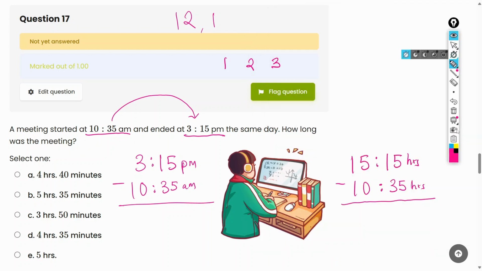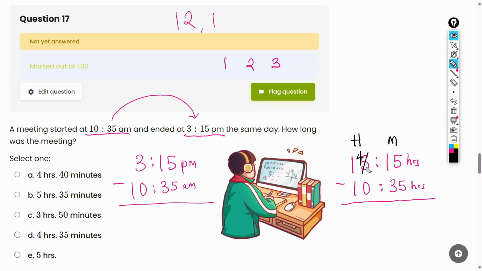Now we can subtract. Okay, sorry. This is our minute space. This is our hour space. So first we should do 15 minus 35. But that won't work. So we need to come here and borrow 1. So we borrow 1 from 5, becomes 4.